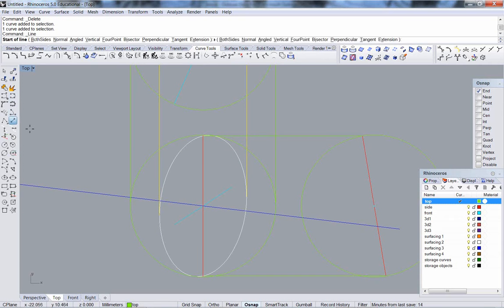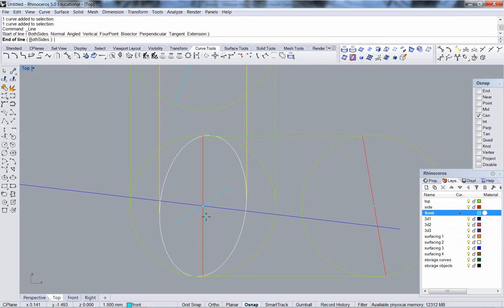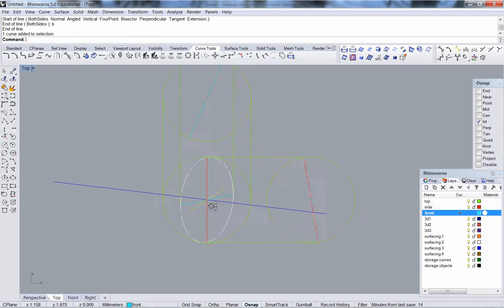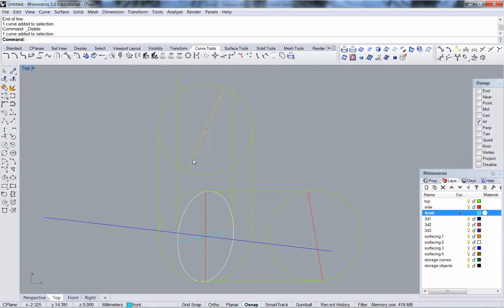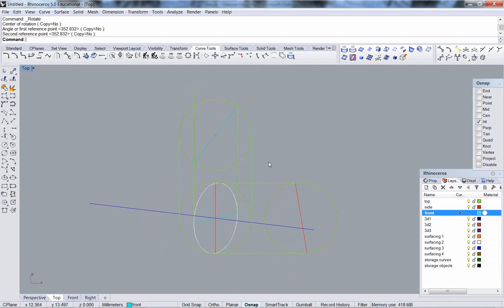And what you can see is when I do that, that has changed. Which of course means that this has changed. And so on and so on, okay?